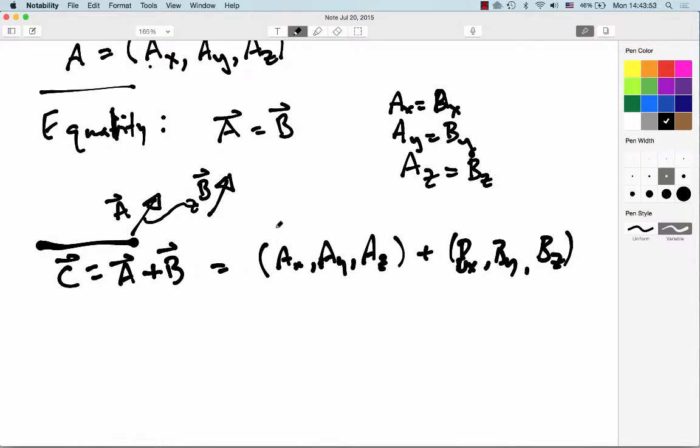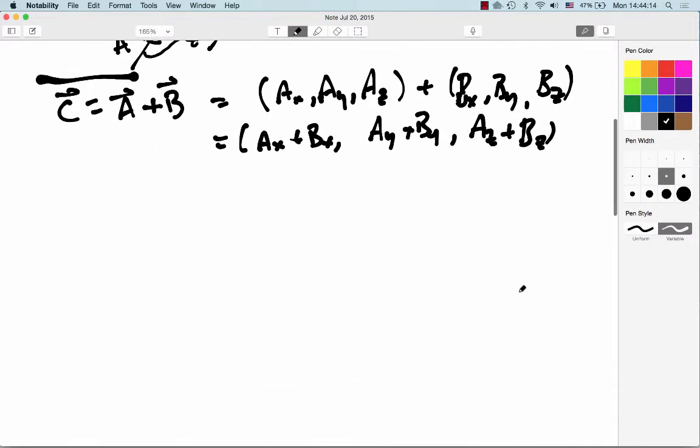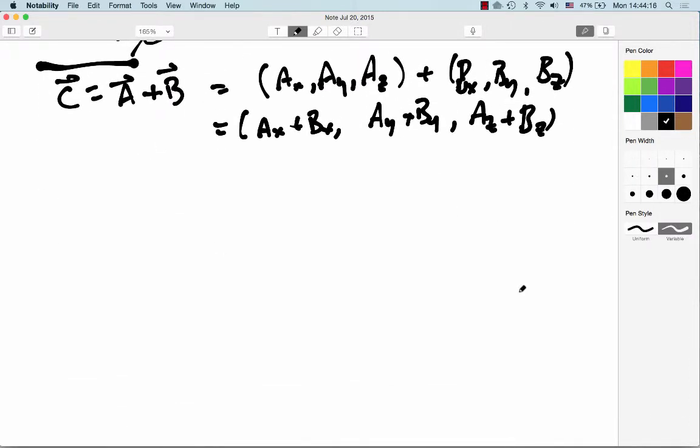And the way you do this is what I call slot-wise. You add the first two slots and the second two slots and then the last two slots and so forth. So this will give you ax plus bx, comma, ay plus by, comma, az plus bz, and so forth.